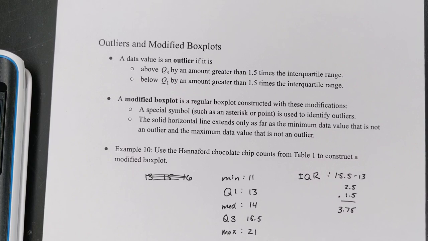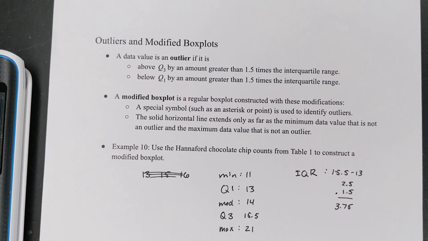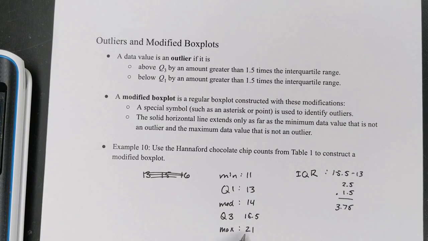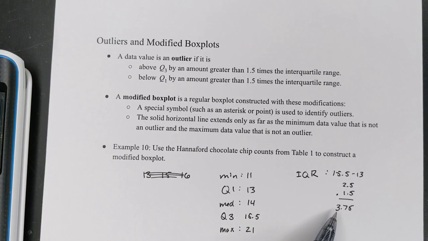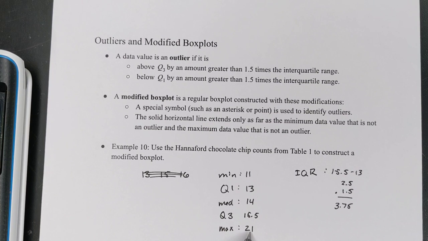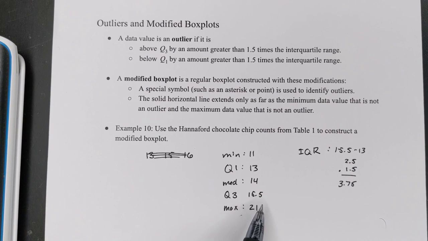Okay, so in this case, my maximum is more than 3.75 above my Q3 value, which means I do not include that guy as my maximum. I work backwards to the next previous value in my list, which, if you go back and look at the list, would be 17. And 17 is less than 3.75 away from Q3.